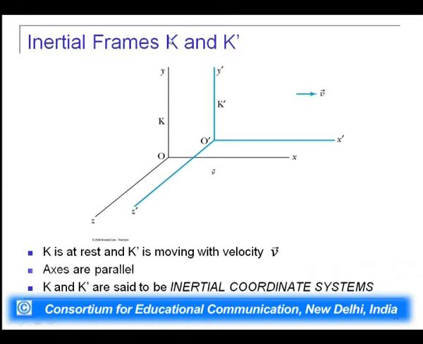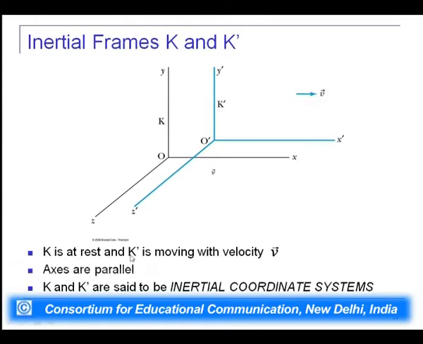For inertial frames, we consider two inertial frames K and K dash. We already defined that any body is defined by the coordinates x, y, z. Here we consider two reference frames. The first reference frame is K and the second is K dash. The frame K dash is moving with the velocity v, and the frame K, which defines the coordinates x, y and z, is static, but the frame K dash has the coordinates x dash, y dash and z dash, and its center O dash is moving with the velocity v.